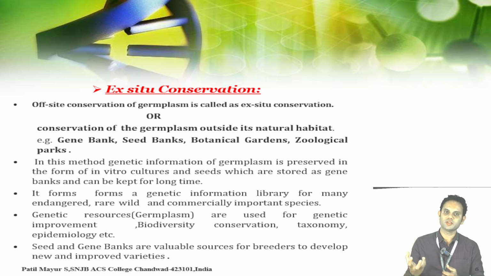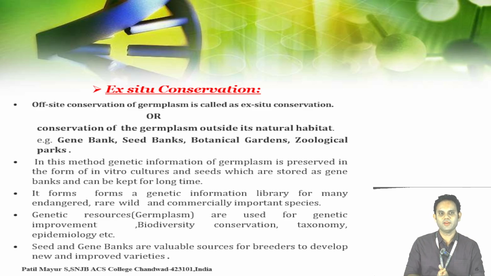She has conserved more than 120 land races of seeds, for which she was awarded the Padma Shri. It is very great work to conserve the land races. That type of conservation is called ex situ conservation, because it is present outside their natural habitat.